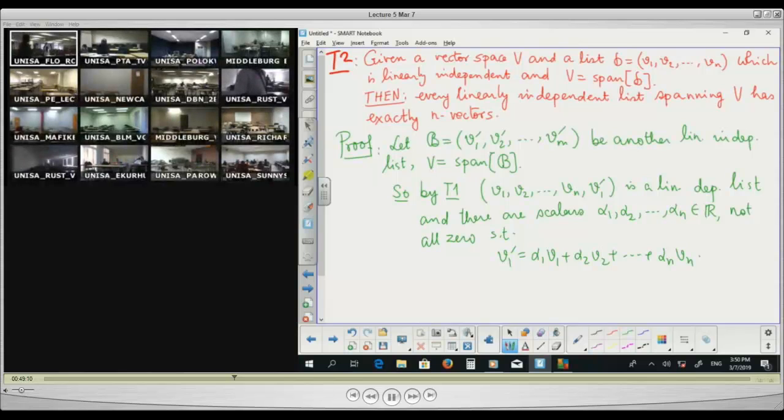Because remember what was the argument? There exists a K such that the vector is zero, or it is a linear combination of the ones before. That's why I'm saying this is by T1 linearly dependent, and I have V1 prime to be this, and you have told me that of these scalars, alpha 1, alpha 2, alpha n, not all are zero.